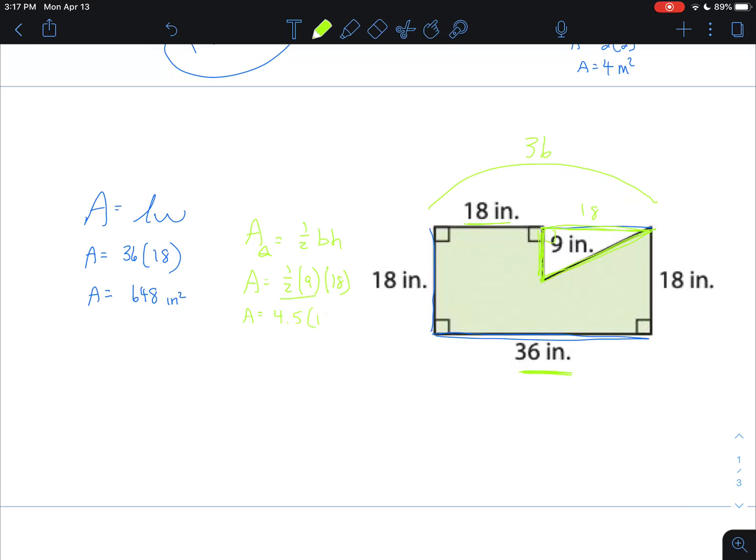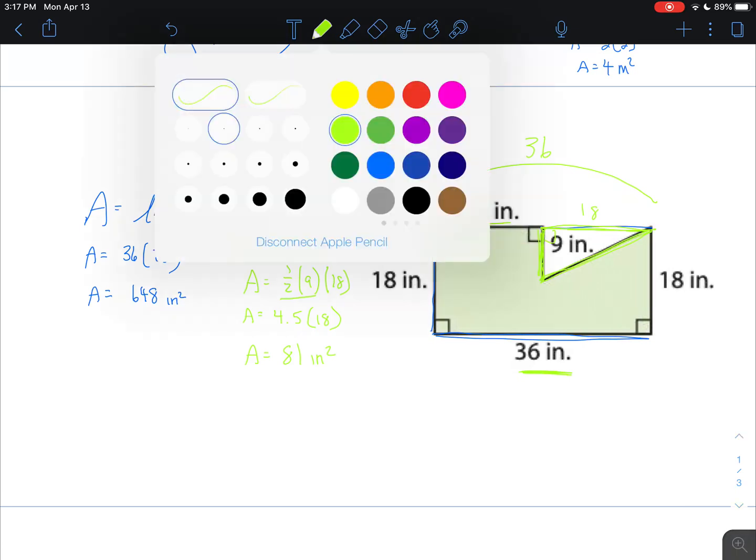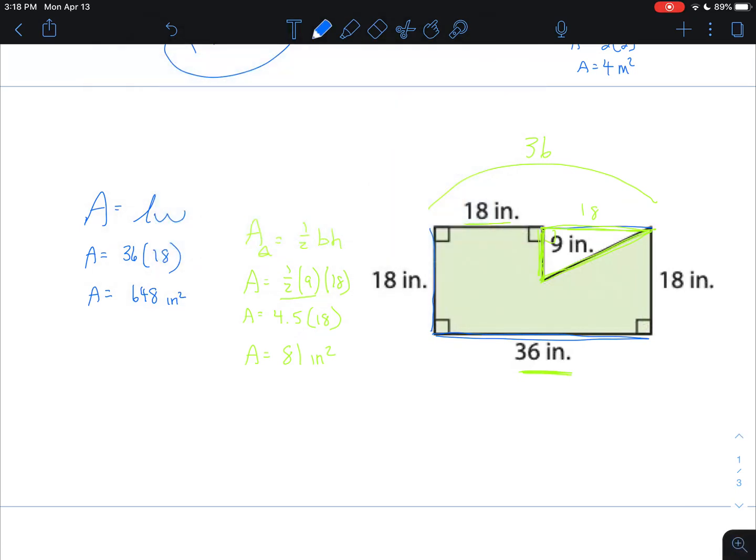So 1/2 times 9 times 18. So half of 9 is 4.5. 4.5 times 18. And the area of that triangle is 81 square inches. Do not forget to subtract.